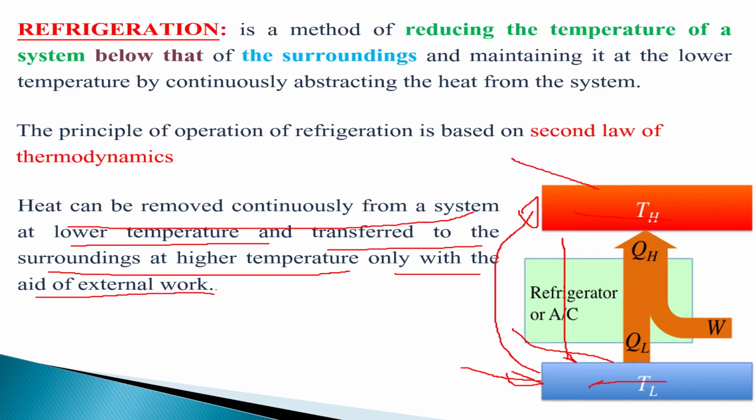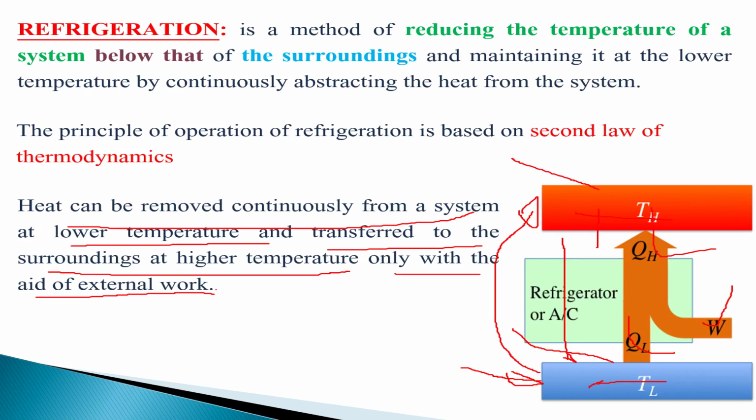Here, QL is the amount of heat absorbed from the low temperature space. Then for that we do some work. W is the amount of work done. Then altogether QH is the amount of heat supplied or transferred to the space at higher temperature. So QL is the heat absorbed from the low temperature space, W is the work done, and QH is the heat transferred to the surroundings or higher temperature zone.